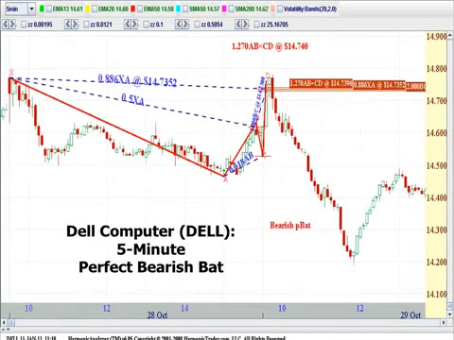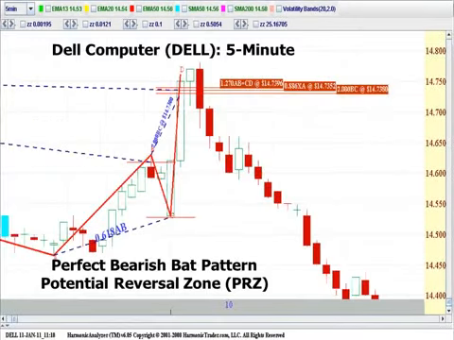Here we have a perfect bearish bat on Dell Computer. Again, the 50% XA leg combined with the 1.27 AB equals CD and the .886 XA leg to mark critical short-term resistance. Looking at this chart of the price action in the potential reversal zone, notice how the price action stalled immediately after testing all of these numbers.